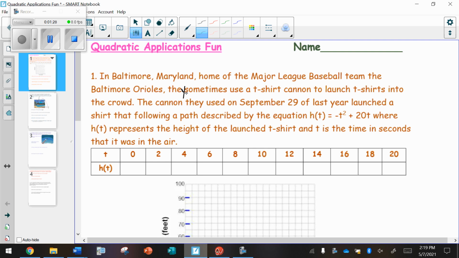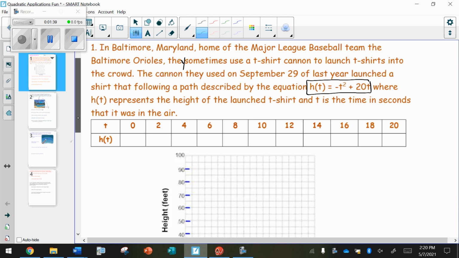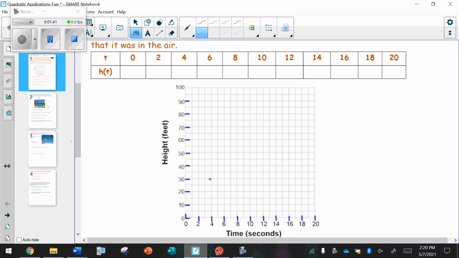So what I would like you to do is use your calculator and the equation that was given and complete the table that's shown here. And then once your table is completed, plot the dots and make the graph.